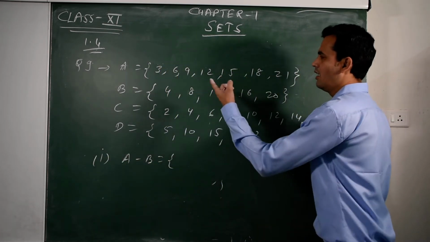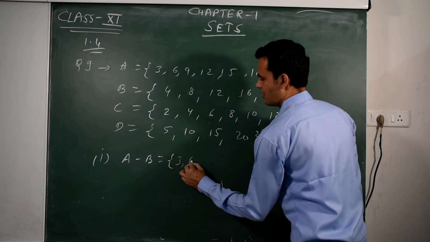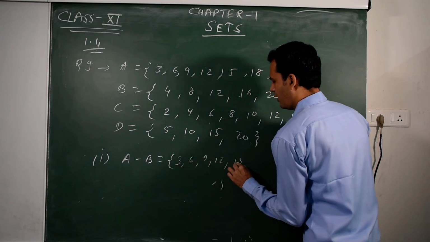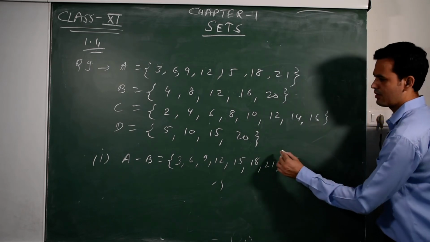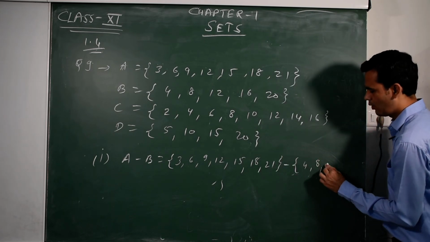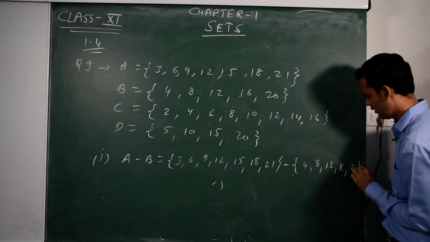A minus B means all elements of set A, 3, 6, 9, 12, 15, 18, 21 minus set B 4, 8, 12, 16 and 20.